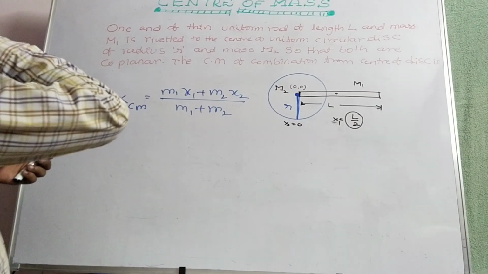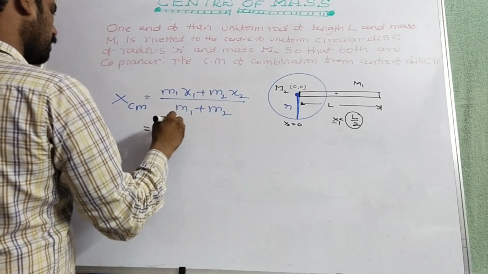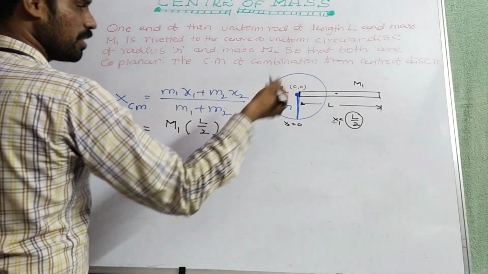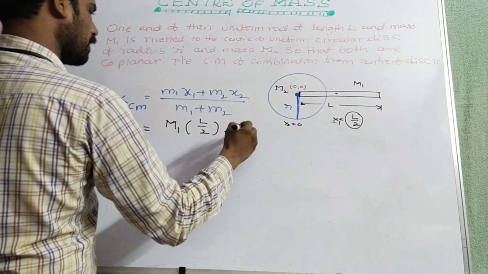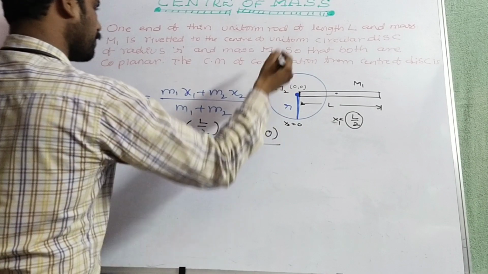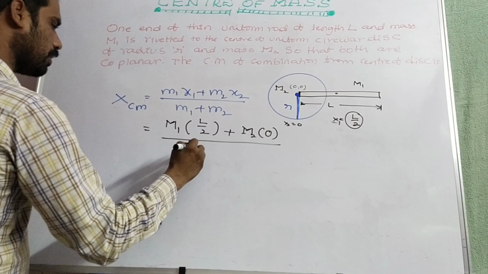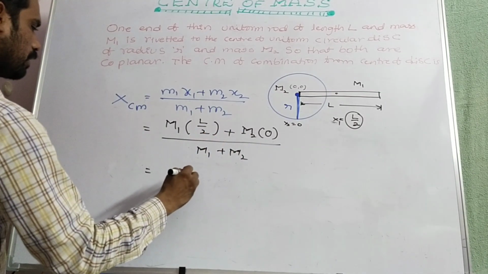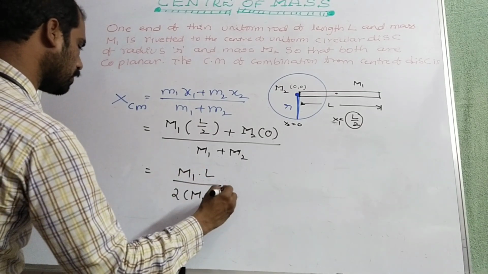For this system of two bodies, the first body has mass m1 and its center of mass is at L by 2, and the second body has mass m2, located at 0, the coordinate origin. So the final expression is x_cm equals m1 into L by 2, divided by (m1 plus m2).